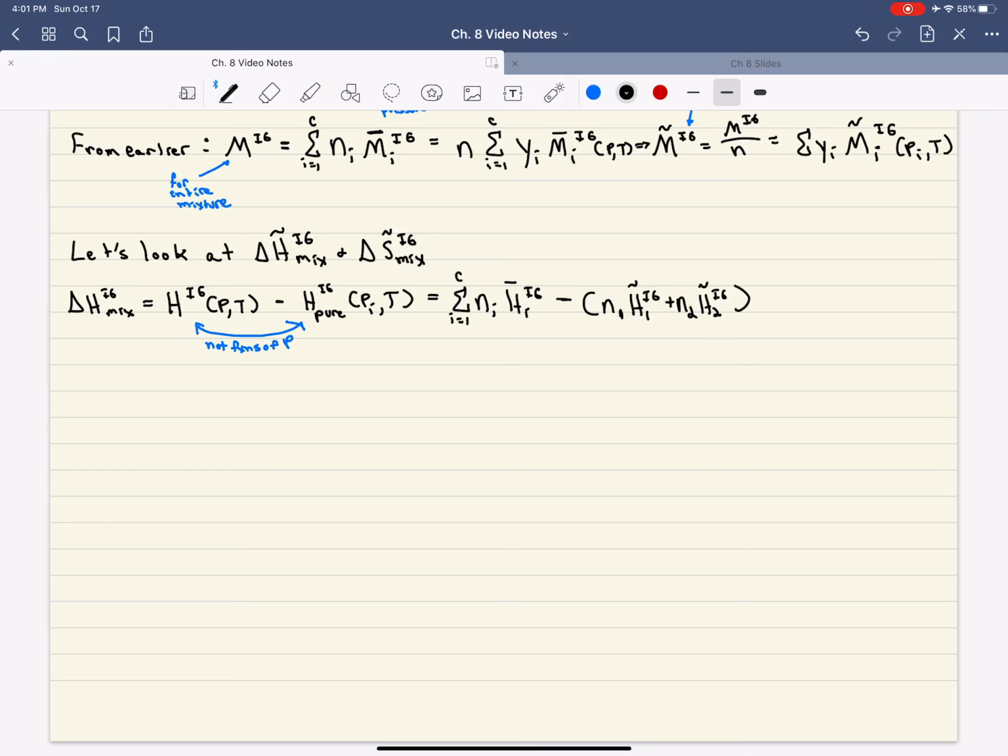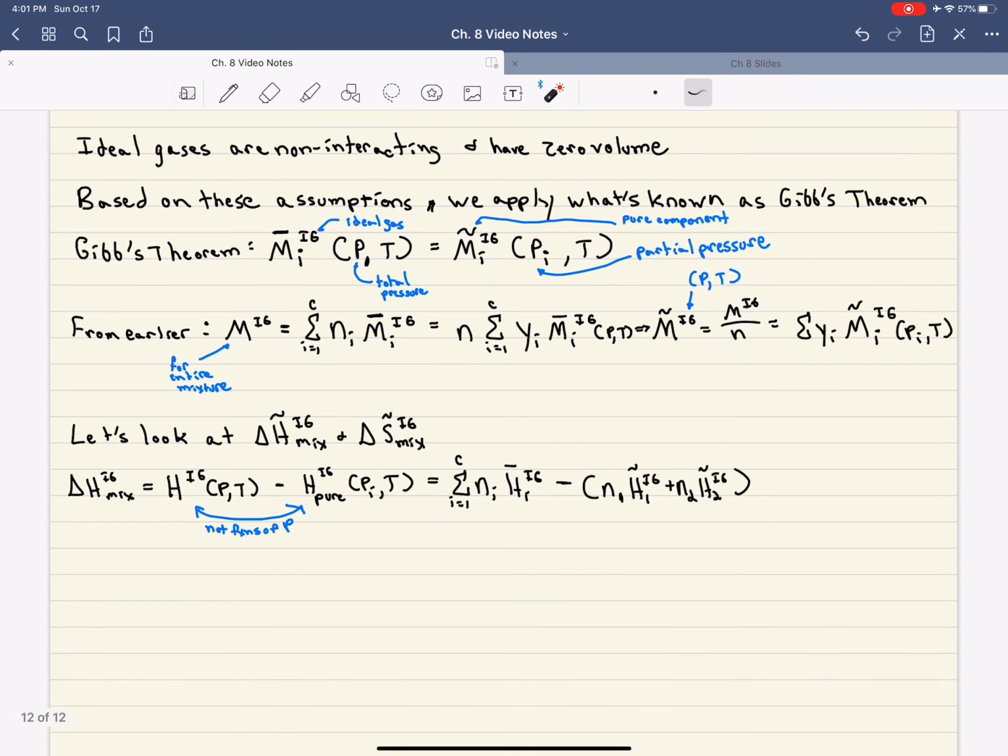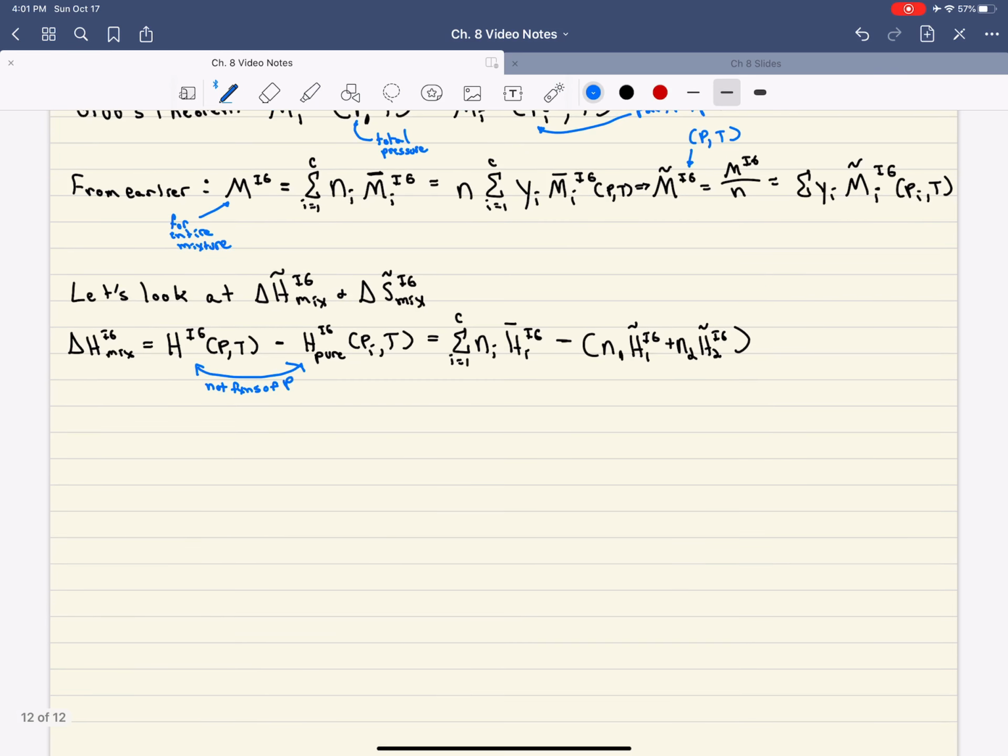All right. But here, this is not a function of temperature. And we know from Gibbs' theorem up here that these molar properties, partial molar properties, are just going to be equal to the pure molar properties.